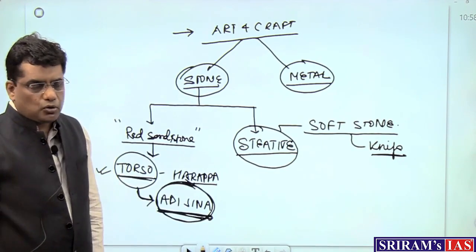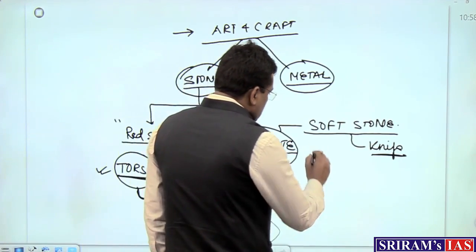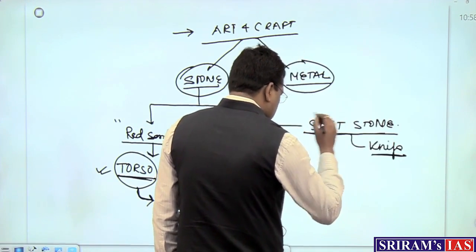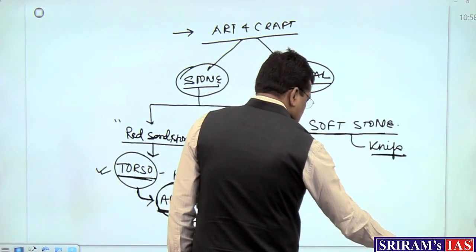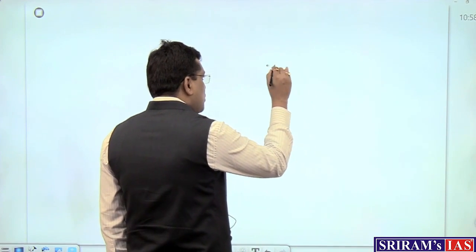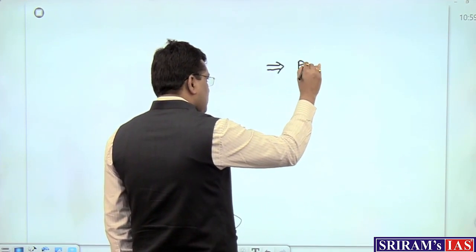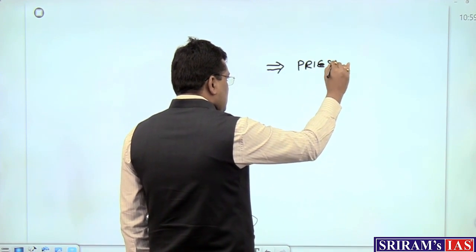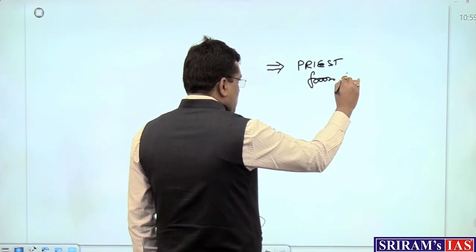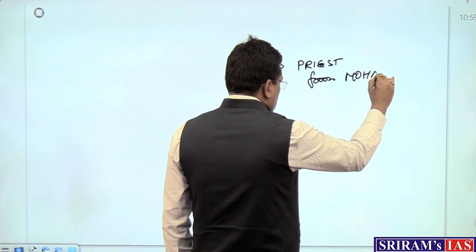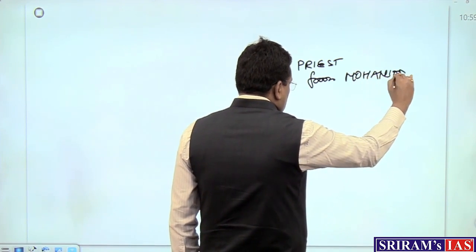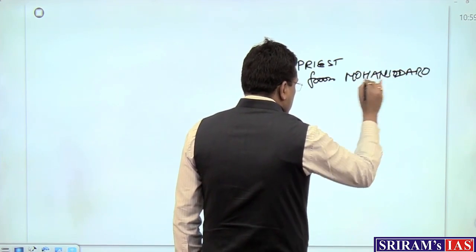So, we have many statues made up of steatite. One of the excellent outputs of this steatite is the statue of a priest. From Mohenjo-daro, we have the statue of the priest.